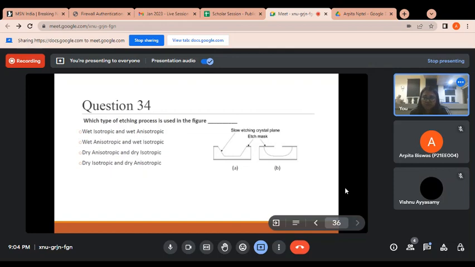First option: the first figure is wet isotropic and the second figure is wet anisotropic. Second option: the first figure is wet anisotropic and the second figure is wet isotropic. The third option is dry anisotropic and dry isotropic, and the fourth option is dry isotropic and dry anisotropic. So what is the right option? Option B. Yes, option B is the right answer.